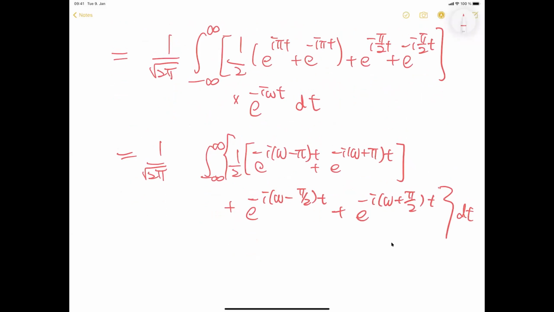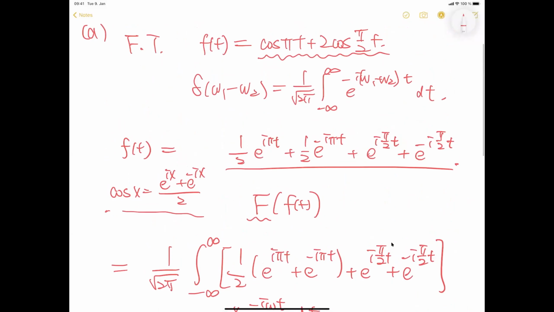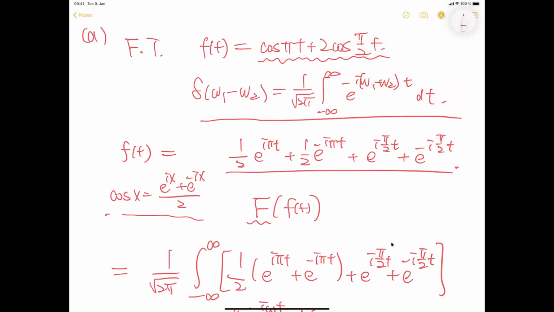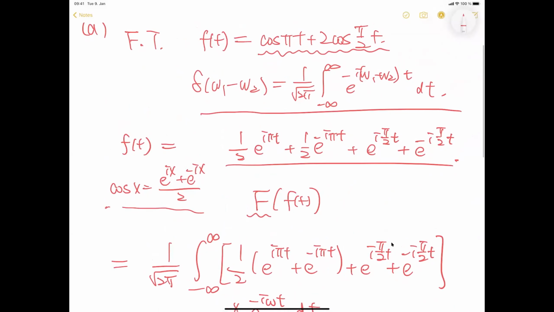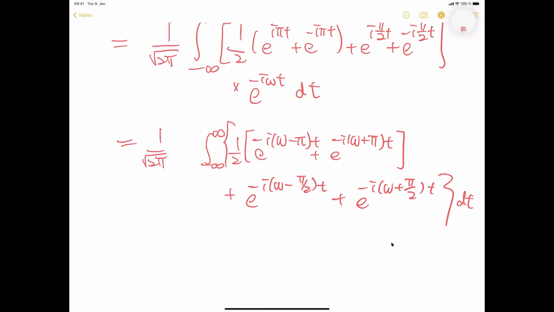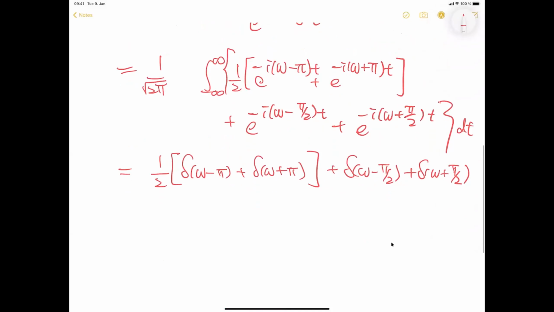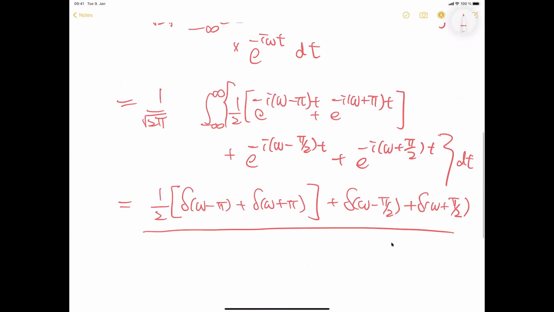So now you can recognize these delta functions. If you compare with the delta function identity, you can immediately recognize this is nothing but 1/2 delta(omega minus pi) plus delta(omega plus pi), and delta(omega minus pi over 2) plus delta(omega plus pi over 2). So this is the Fourier transform of the function f of t.